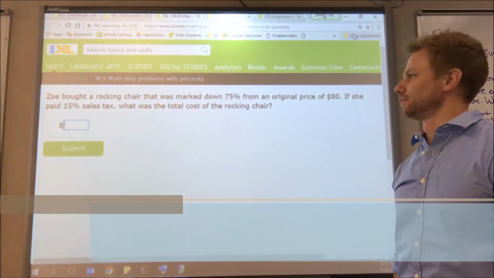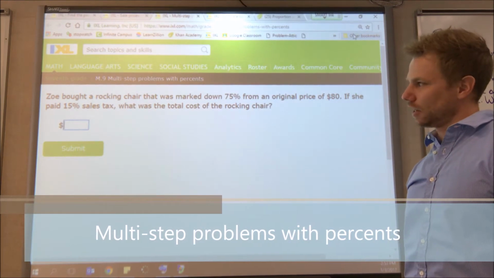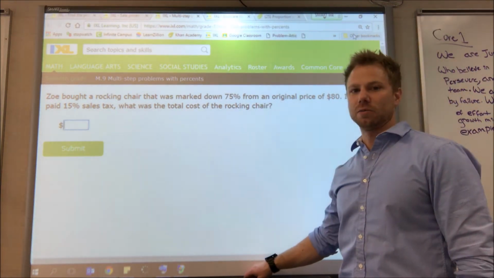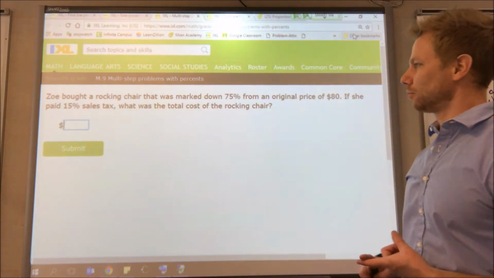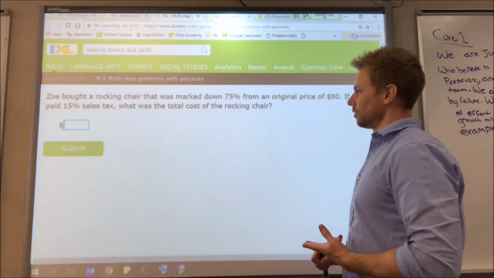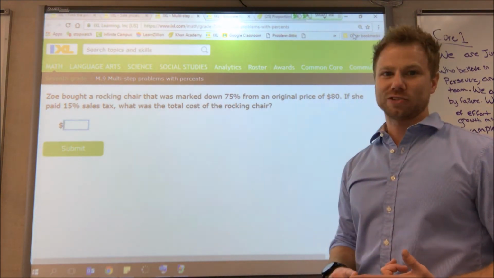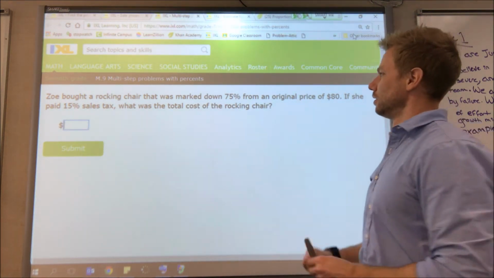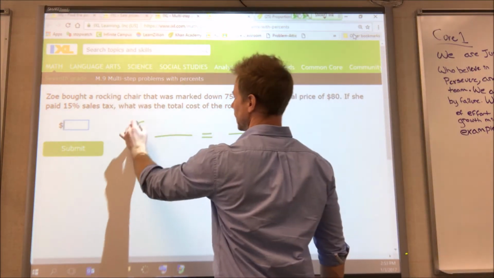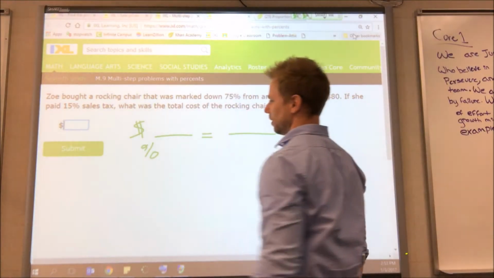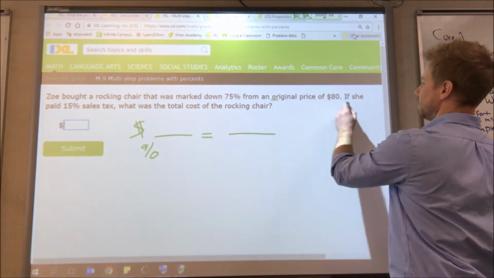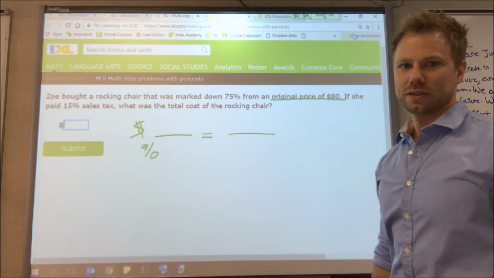Third link here, we are actually going to have to write two separate proportions in order to solve this problem. One, to figure out what the price is after it's marked down, and two, to figure out the total cost after sales tax is added. Okay, so our first proportion, our labels are still money and percent, and it says the original price is $80.